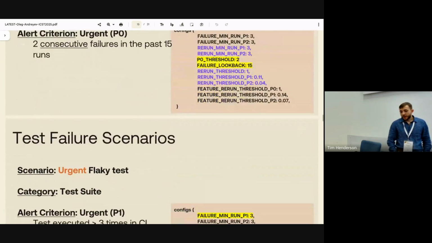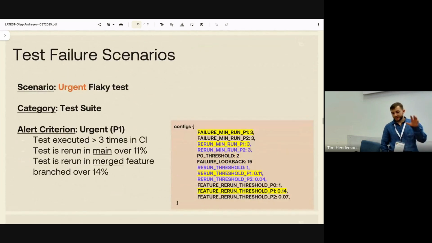Next slide, thank you. Then we look at the corpus of tests that we have, the 108,000 tests. They can be excluded by AutoGuardian in our builds and in our tooling. This flakiness threshold looks at how mature the test is, and the rerun rates in mainline versus merged feature branches.